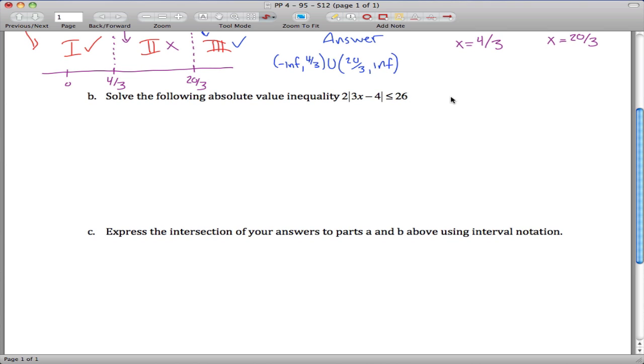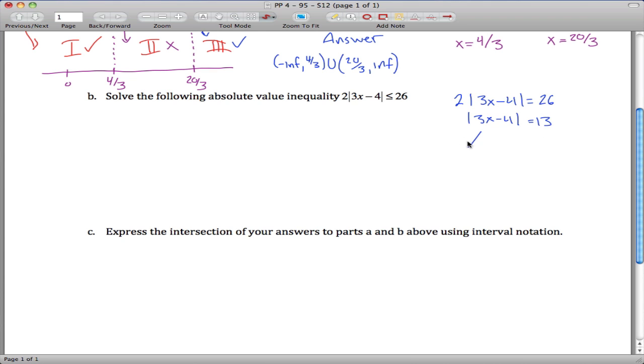Okay, absolute value, so what we'll do, exact same steps. Maybe I can go a little quicker this time. We'll first set it to an equality. Divide both sides by 2.